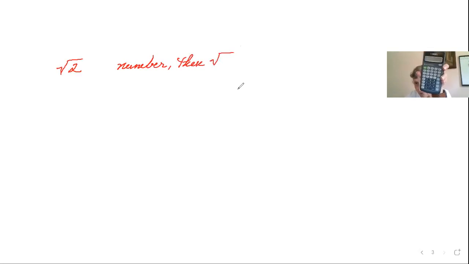you would do that. So if I wanted to know what the square root of 7 is, first I have to turn it on, of course. Let's clear it. So I hit the 7, and then I hit the square root key, which this actually has as a square root of x.